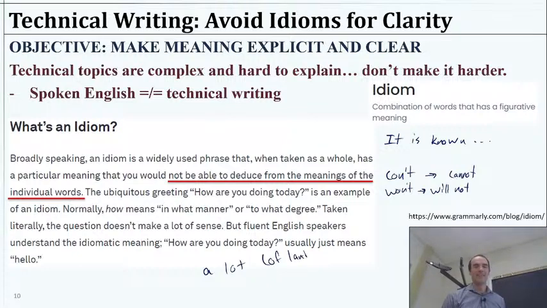This is the lot itself. We've used it so commonly in spoken English to just mean much. My mind keeps wanting to say to mean lots. It's so ingrained, right?